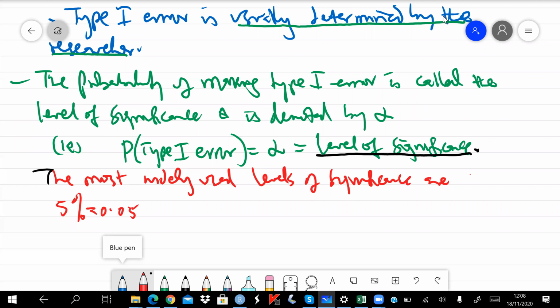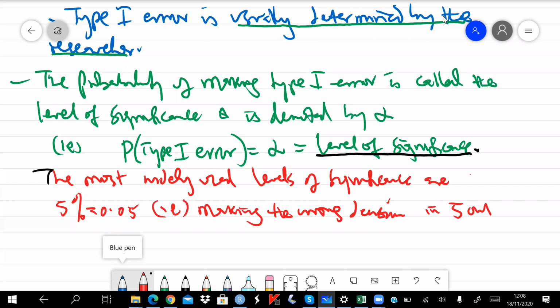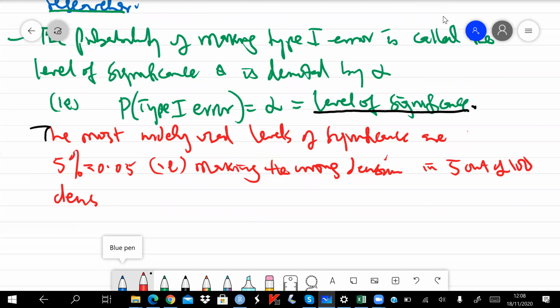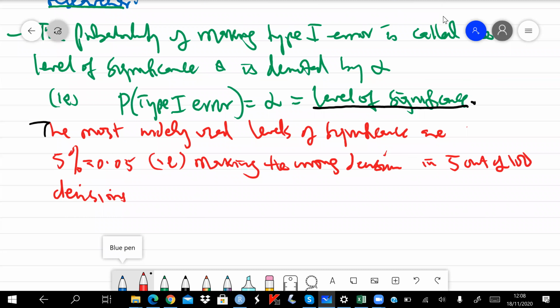That is, making the wrong decision in 5 out of 100 decisions. So out of 100 decisions that you make, 5 of them would fall under this category.